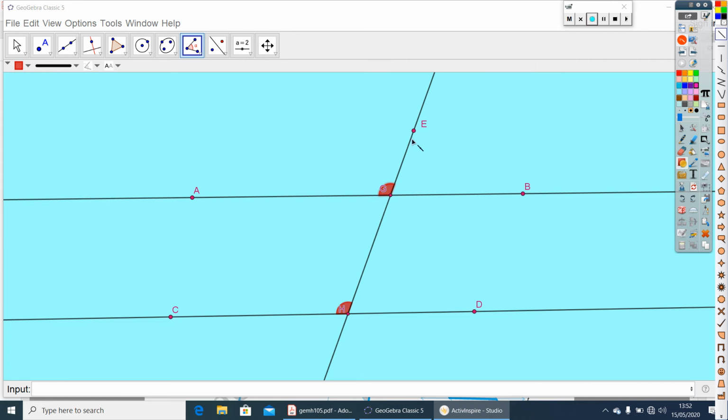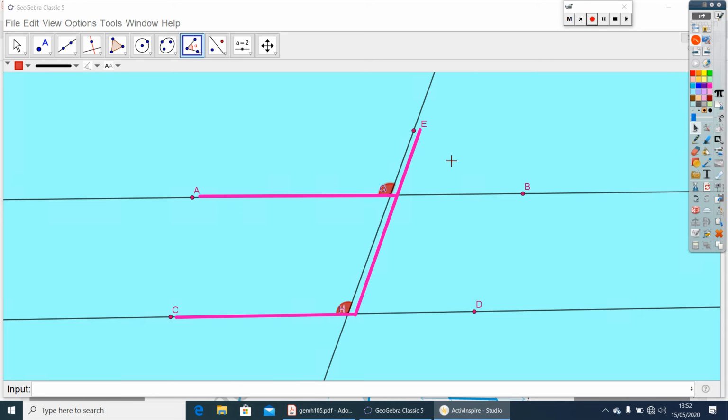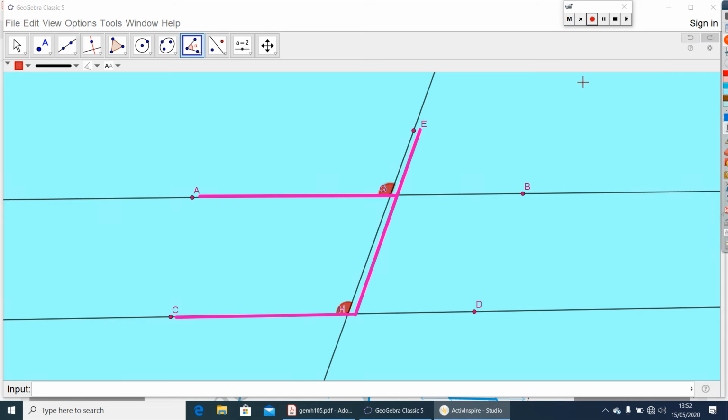Now let me join all these. Still you are getting that inverted F. So just remember the letter F, it will denote corresponding angles.